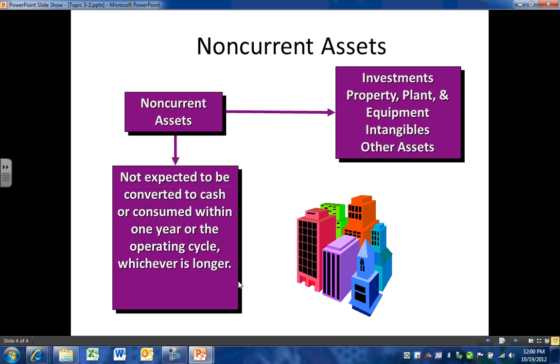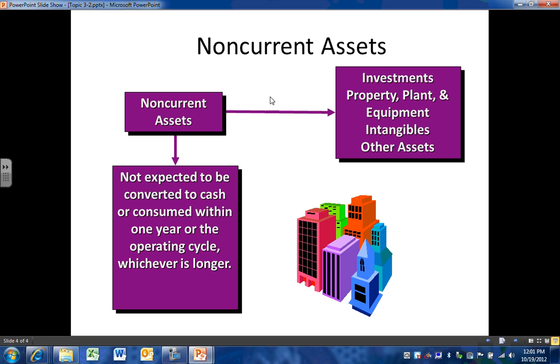Anything that is not a current asset, by default, is a non-current asset. And this is our property, plant, and equipment. We do not expect to convert or consume these within 1 year.